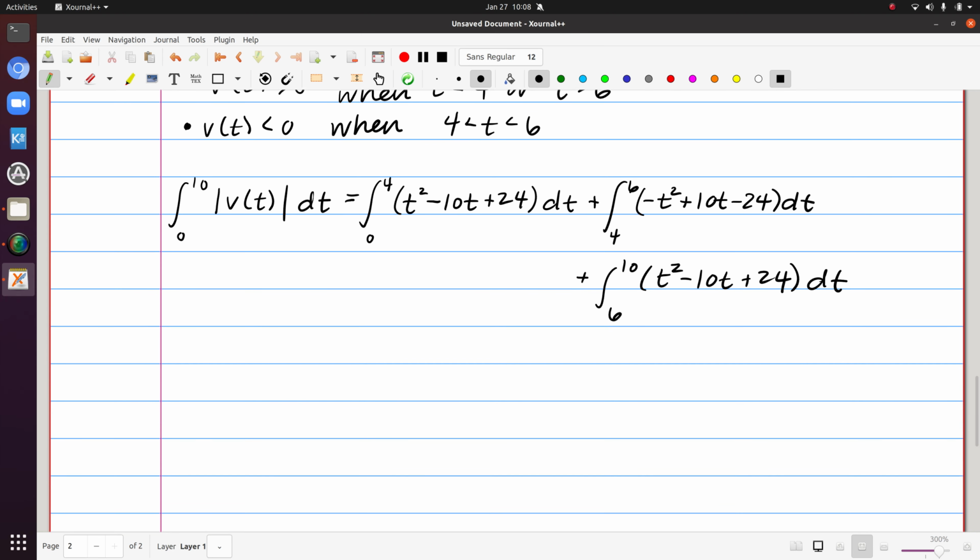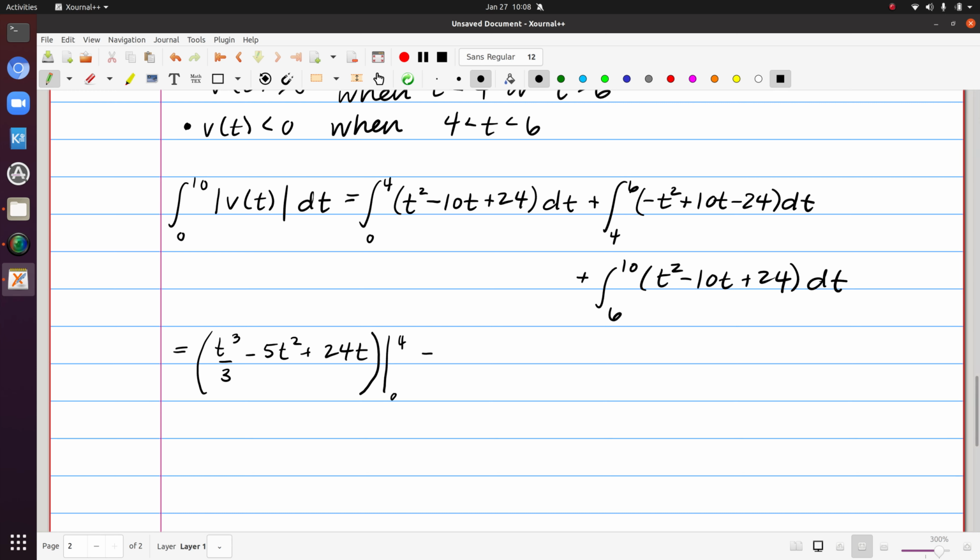Now going through and evaluating this, we just have to be careful. I end up with t cubed over 3 minus 5t squared plus 24t, evaluated from 0 to 4.